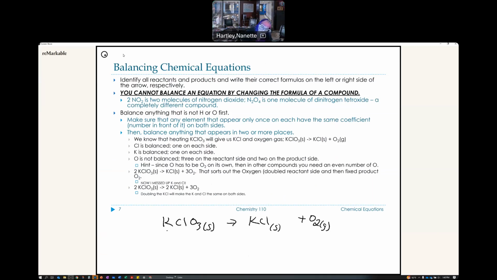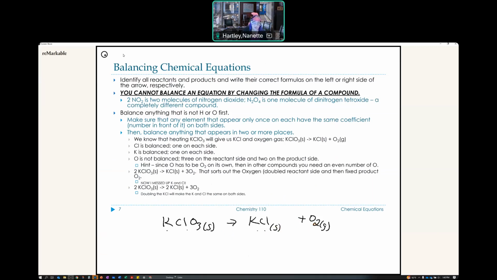I have 1 potassium on each side. I have 1 chlorine on each side. I have 3 oxygens and I have 2 oxygens, and that's a mess. But I can't just come over here and make that O3. That won't work. I can't do that. Right? So we need to work on how we fix that.